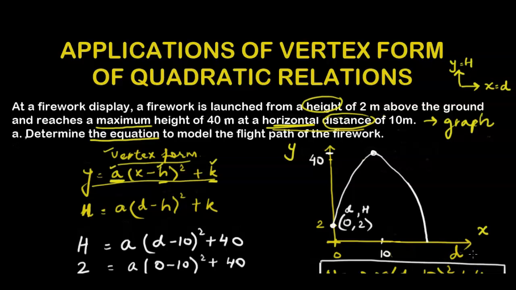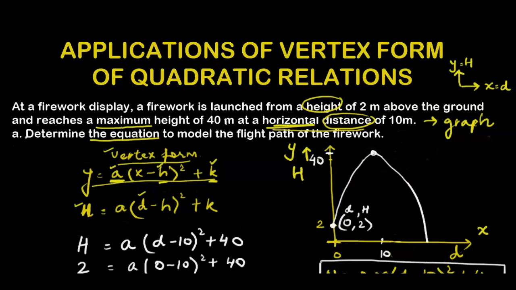Therefore, on the x-axis we write lowercase d for distance, and on the y-axis uppercase H for height. So in the general equation, the y variable can be replaced with height. We use uppercase H here to avoid confusion with lowercase h, and in place of the x value we use lowercase d.